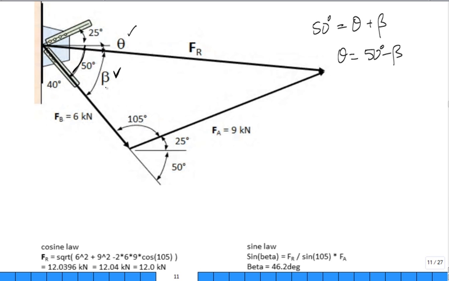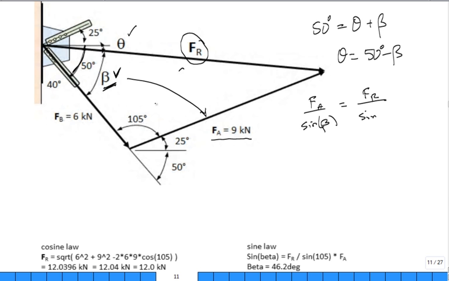Now how do I calculate this interior angle beta? Well, we use the sine law, and so the opposite to that angle is the side with the magnitude F_A. So F_A divided by the sine of beta is equal to the magnitude of this F_R side divided by the sine of the angle opposite it, which is our 105. And then we just check. I know that, I calculated it. I can calculate the sine of 105.